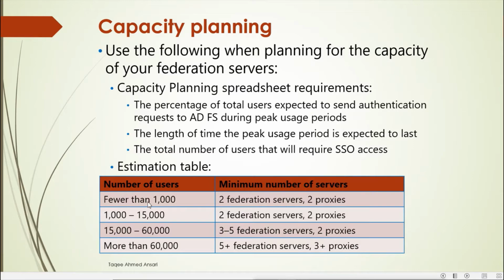From 1000 to 15,000 users can also be handled by 2 federation servers with 2 proxies. From 15,000 to 60,000, 3 to 5 federation servers are required, and for more than 60,000, more than 5 federation servers with at least 3 proxy servers are required to handle all these single sign-on requests.